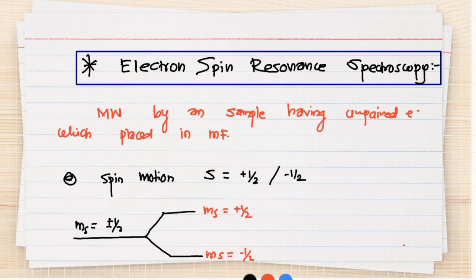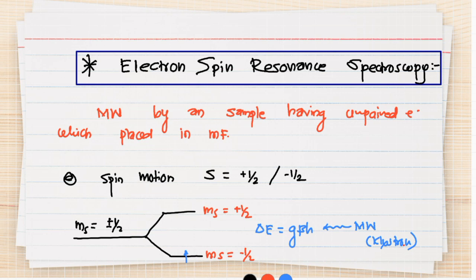So delta E, the difference between the two energy levels, must be equal to h nu, or we can call it g beta H. According to ESR spectroscopy, that much microwave radiation from a klystron as a source is absorbed, and there is a promotion of an electron from the lower level to the higher level.